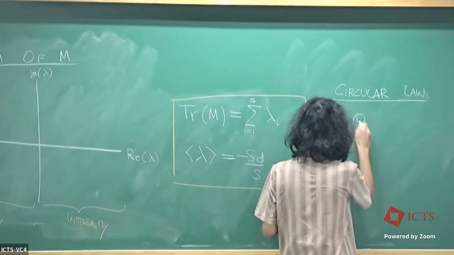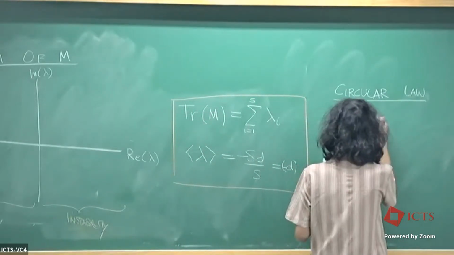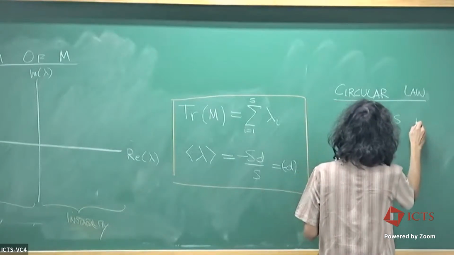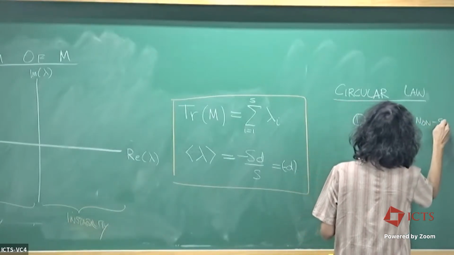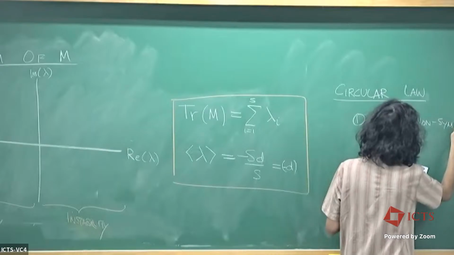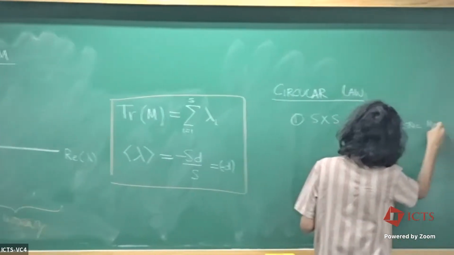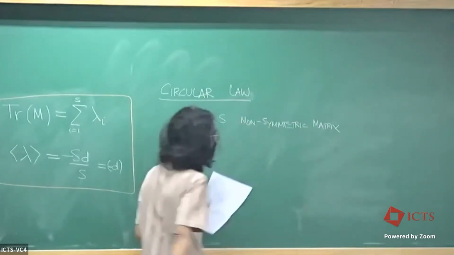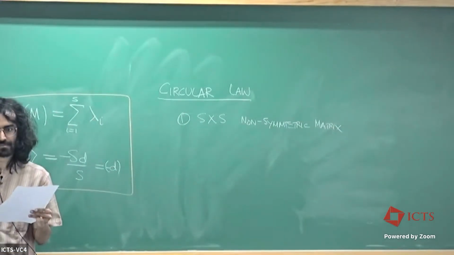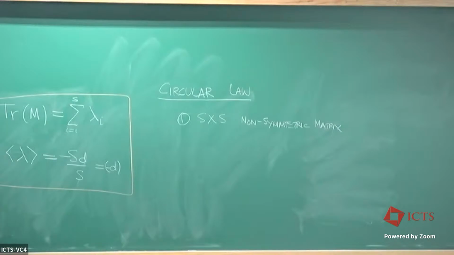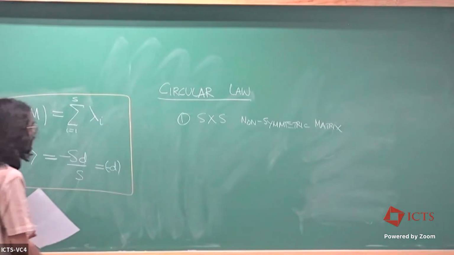First thing that you need is an S by S non-symmetric matrix. Do we have that? It's not symmetric. Aij and Aji don't have any relation between each other.